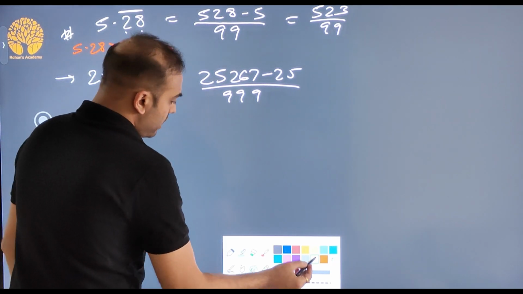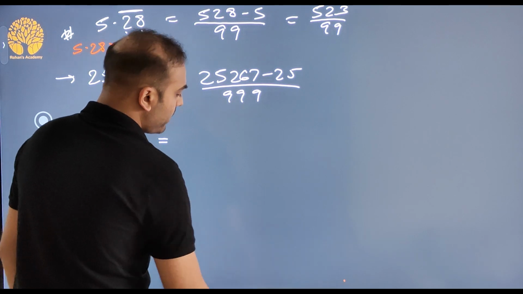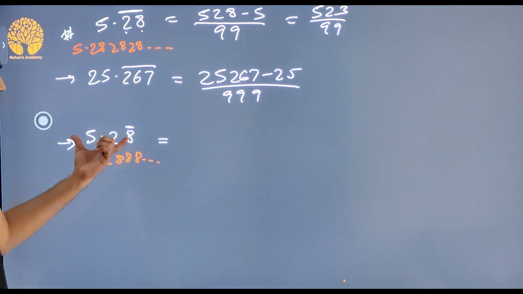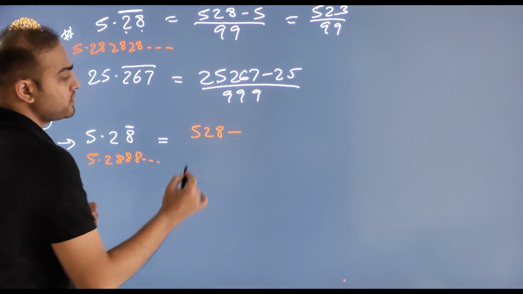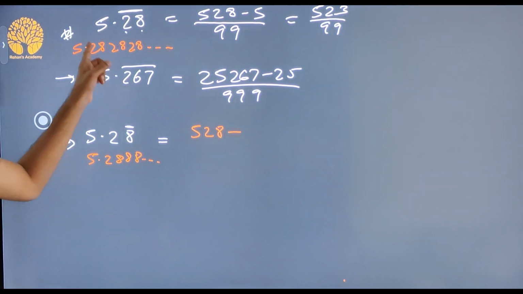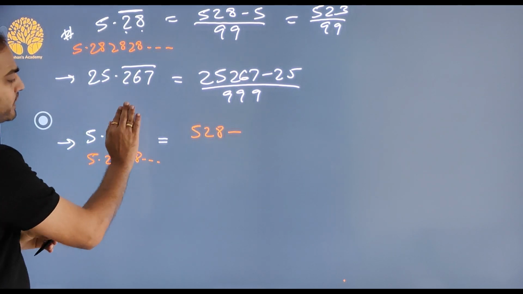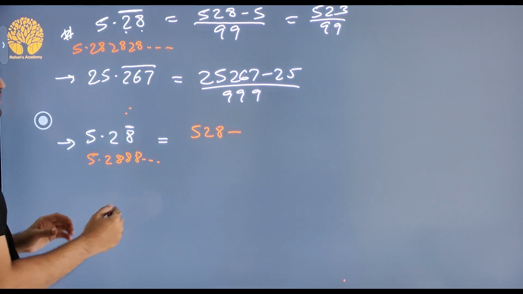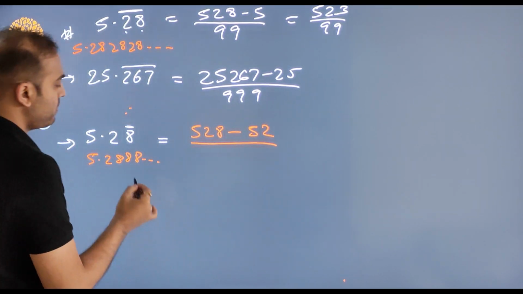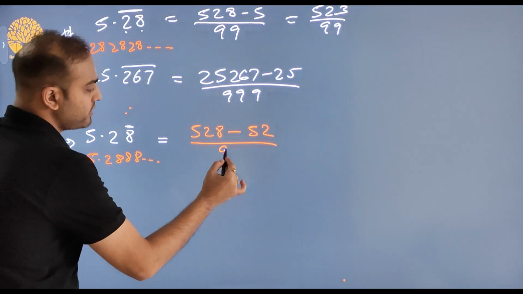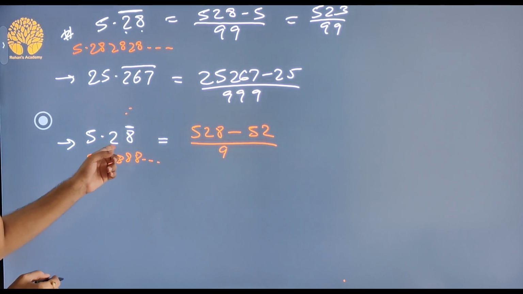Again the method does not change. The whole number as it is minus the number without bar, not the number without decimal, the number without bar. So if I hide this 8, I have 52 left. So minus 52, divide by, for the bar decimal 9 should come. So this is taken care of. But what about this 2?